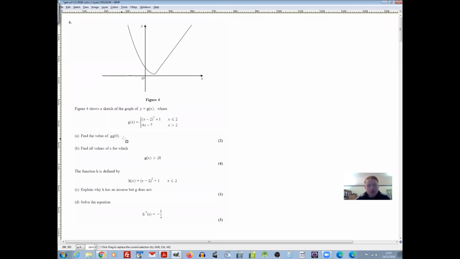I'm not 100%, but what I think you do is, you put 0 into one of those equations, and then you'd put one of the equations into where x is in the other equation.